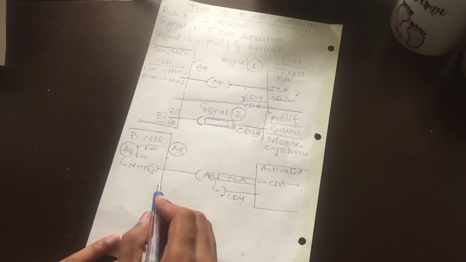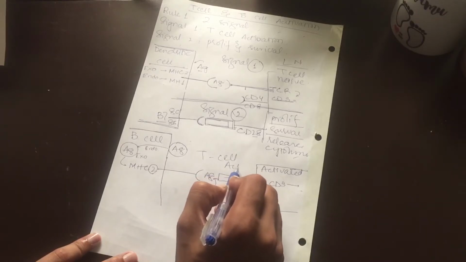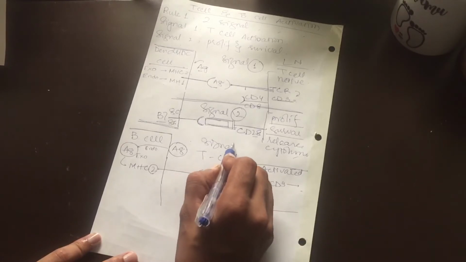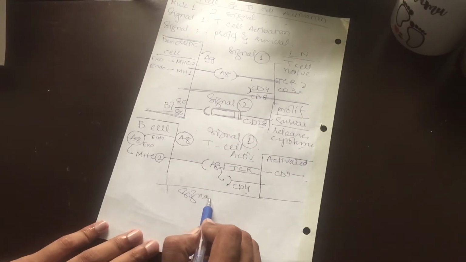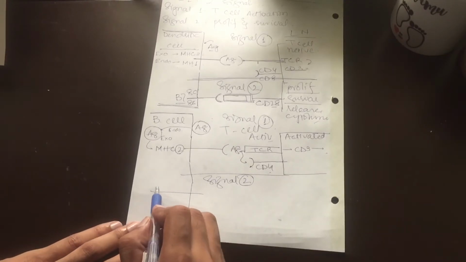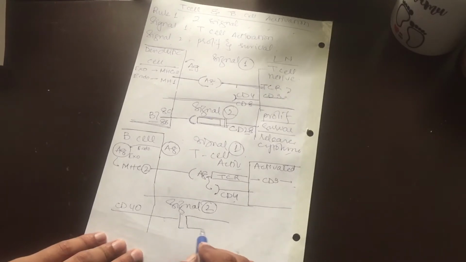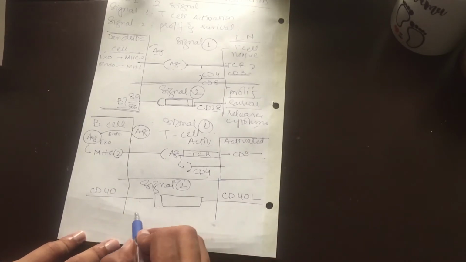Now in B cell activation, first comes T cell activation, signal 1, and now signal 2. In signal 2, the B cell expresses another cell surface marker, CD40, and its complementary receptor is the CD40 ligand.